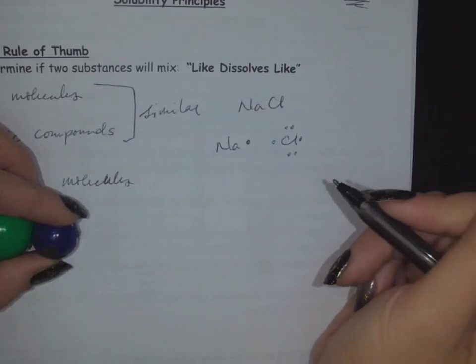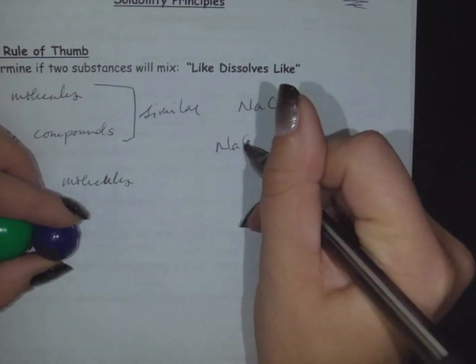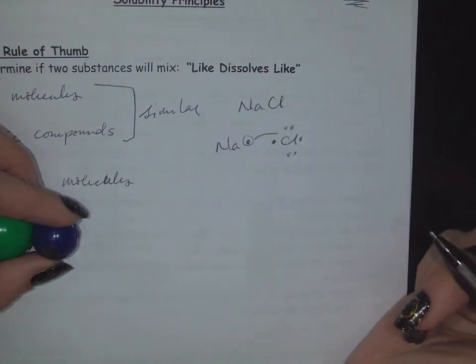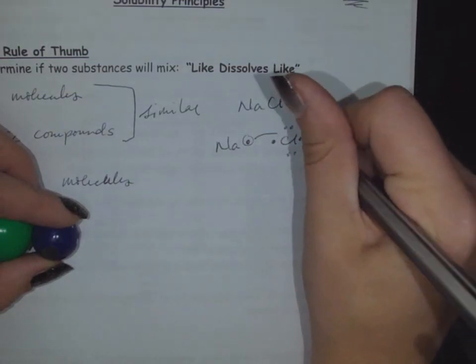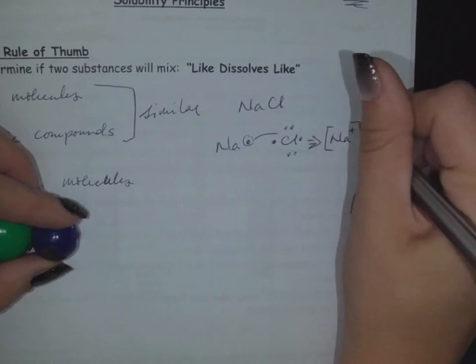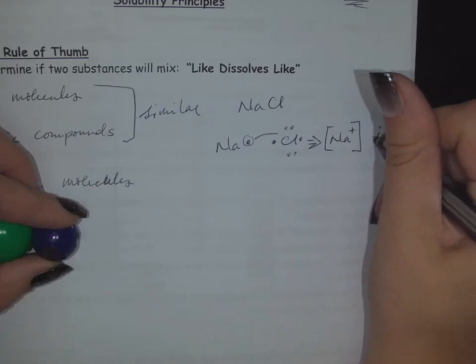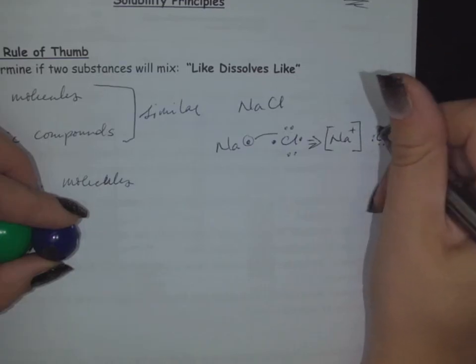Okay. And chlorine is more electronegative. It has a way higher capacity to grab electrons and steal them from other atoms. And so what this turns into is sodium plus, because it lost an electron, and chlorine minus, because it gained an electron.